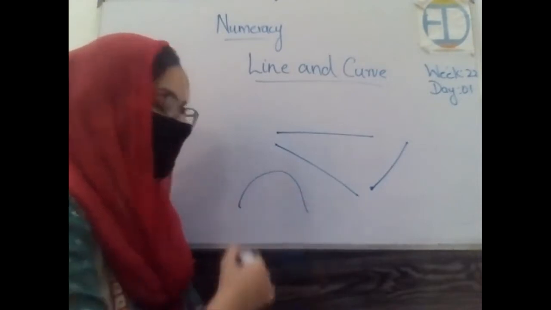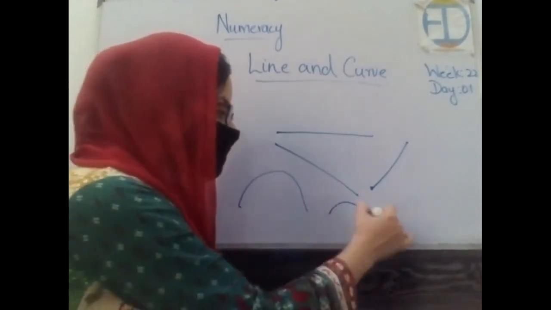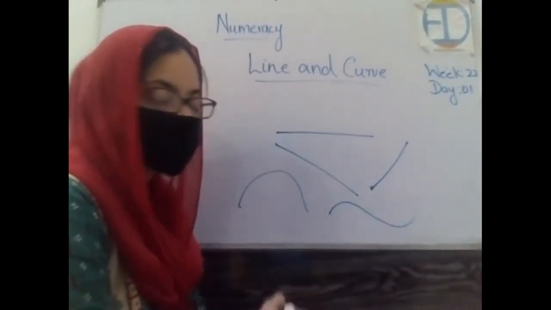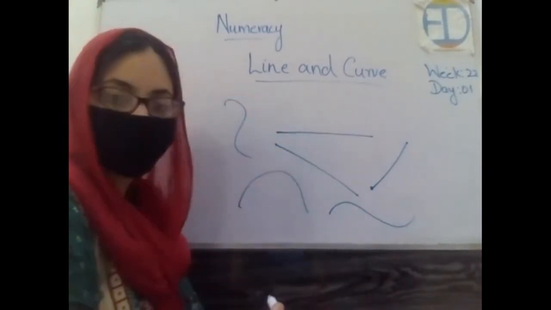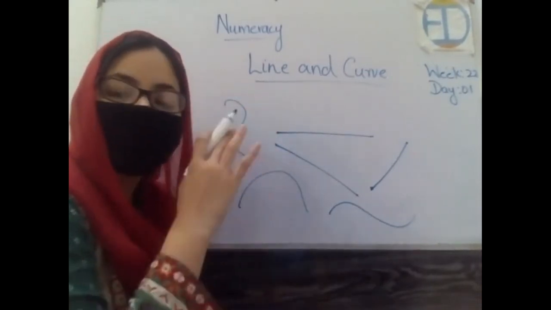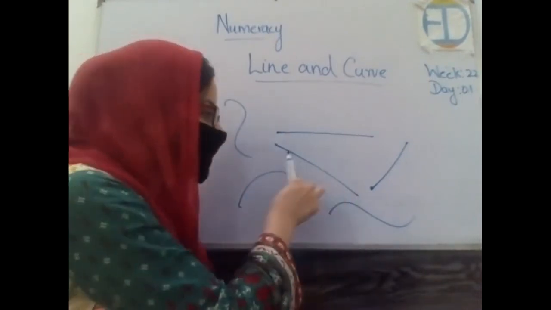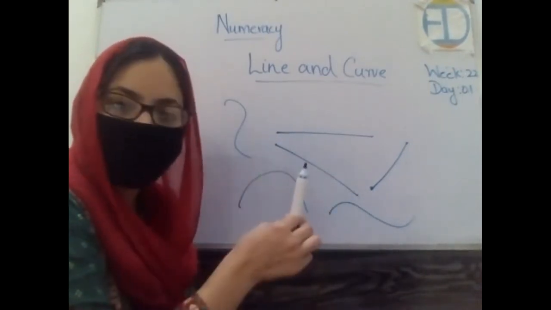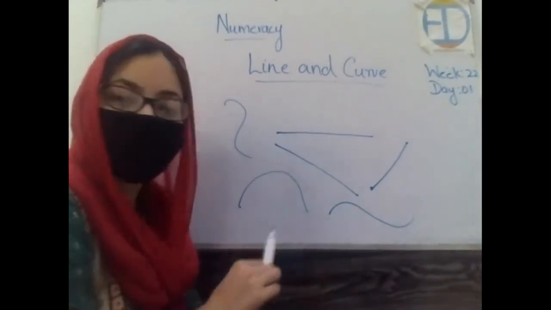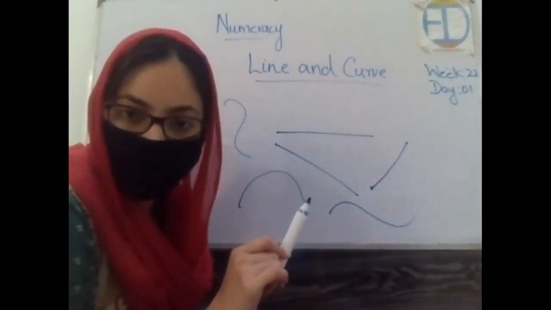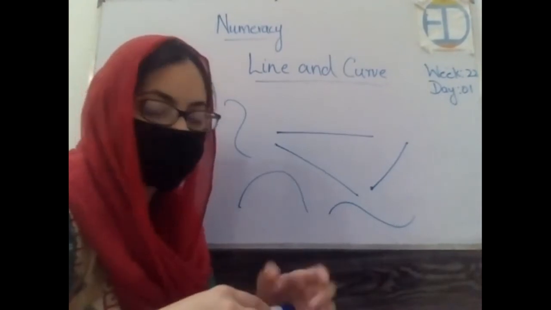This is a curve. This is also a curve. Another curve, right? Now if we find the difference between the two, we can say that a line is straight and a curve is not straight, right?